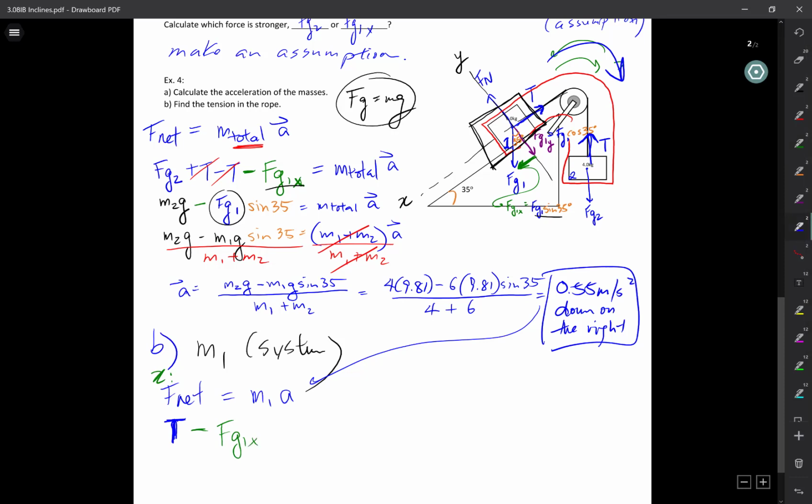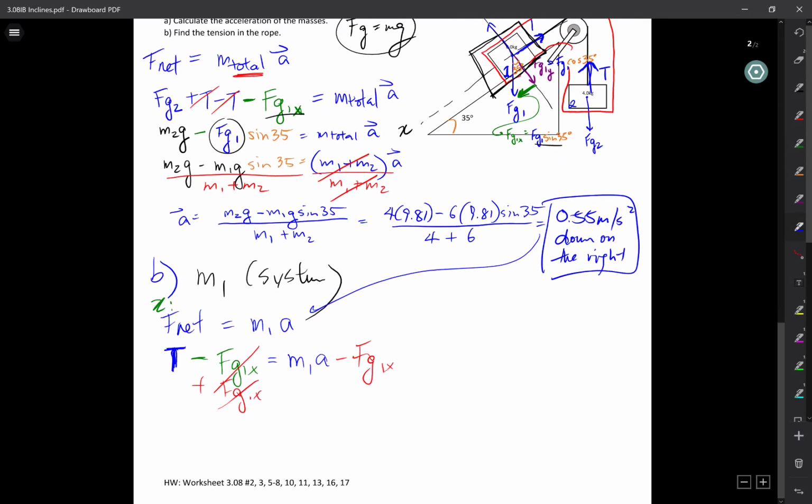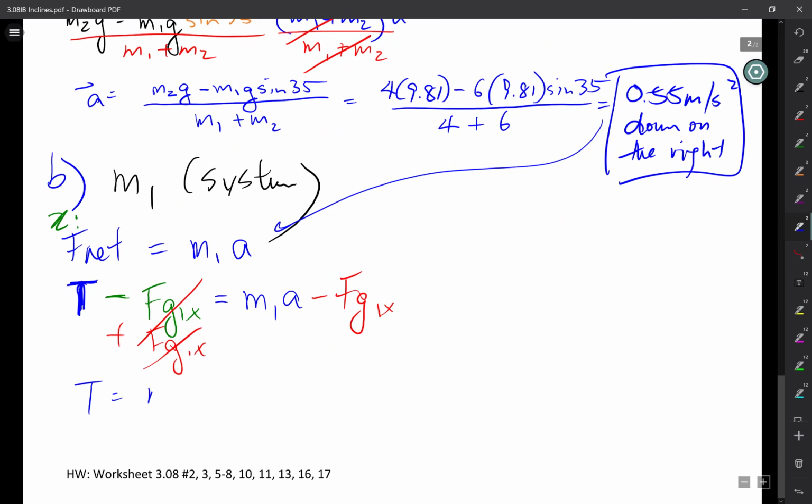Those are my only two forces, so I equate all of that to ma, mass times acceleration. If I solve for T, I have to completely isolate it on one side of the equation, so I am left with T equal to mass 1 times acceleration minus Fg1x.